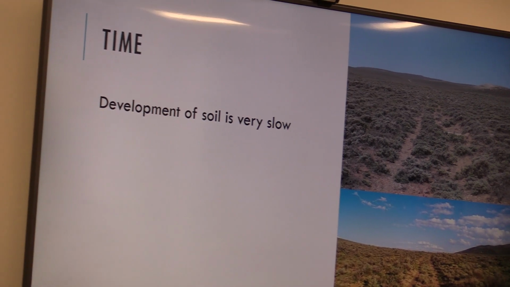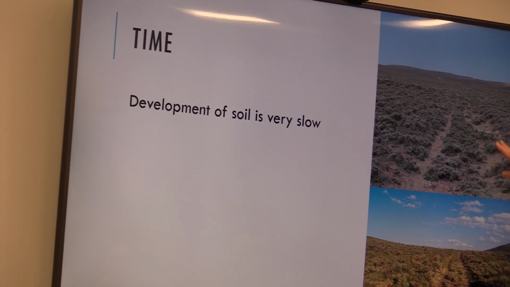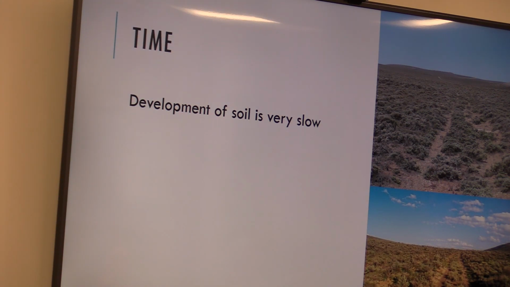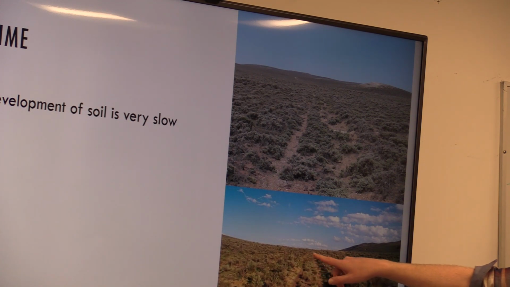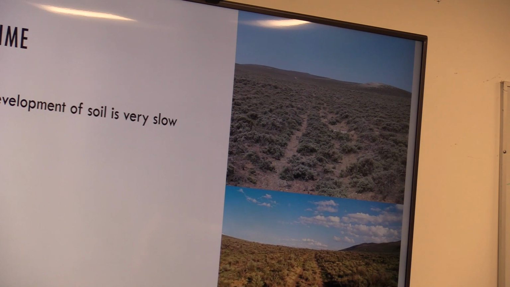So these are roads through the west. I think these might be in Utah. I can't remember where these are at. But these are roads that are no longer used, but still are visible because the soil hasn't grown up and the plants can't colonize what's not soil.